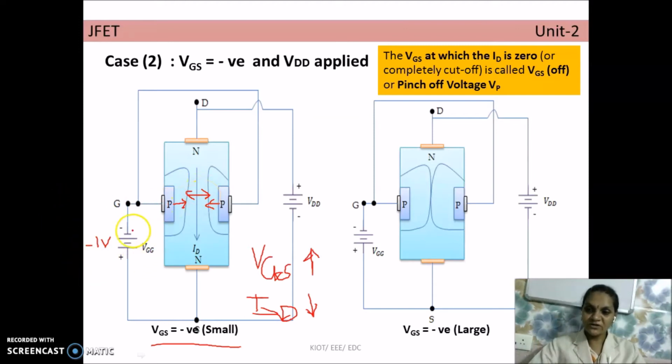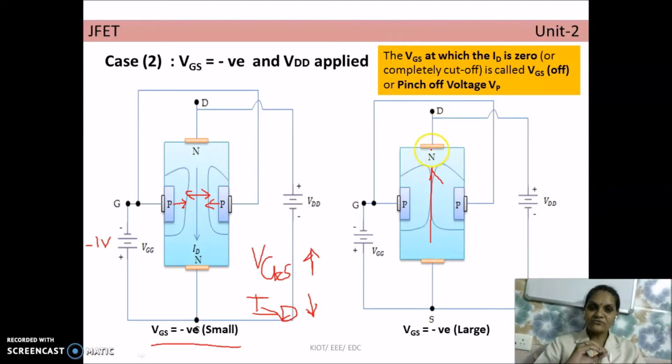At one particular value of VGS, these two depletion regions touch each other, and there will not be any channel available for the electrons to flow from source to the drain. There is no path for the electrons to flow. The entire path will be occupied by the depletion region, which has only immobile ions that do not take part in conduction.